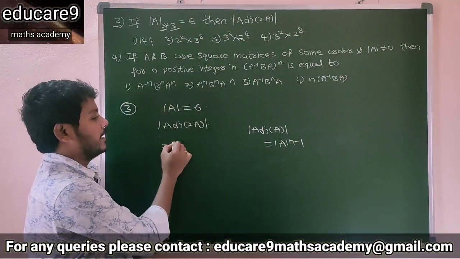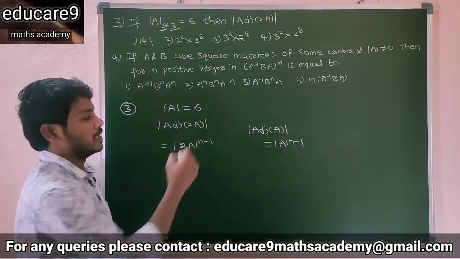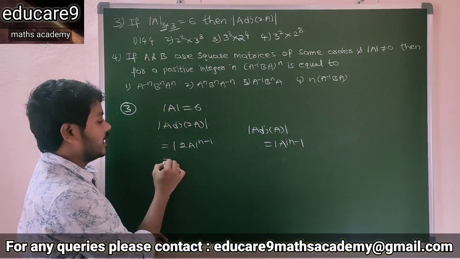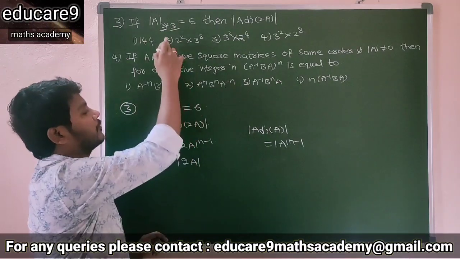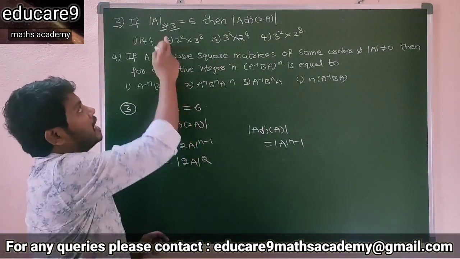Now this is written as determinant of 2A whole to the power of n minus 1. Here n is the order of the given matrix. So that is determinant of 2A whole to the power of 3 minus 1, that is 2.